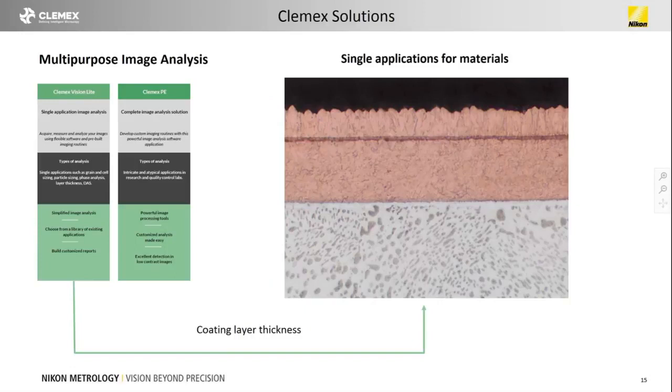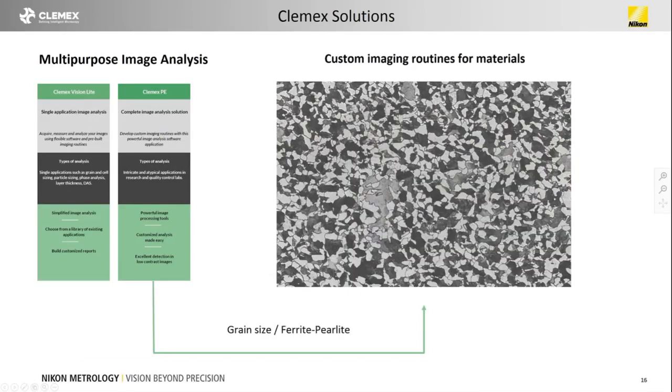Next is the multi-purpose image analysis product line. First is the Clemex Vision Lite, which is used for simple and single applications. Here we have a coating layer, which we can analyze in two parts. The first coating here, and the second coating here. And the Clemex Vision PE system.